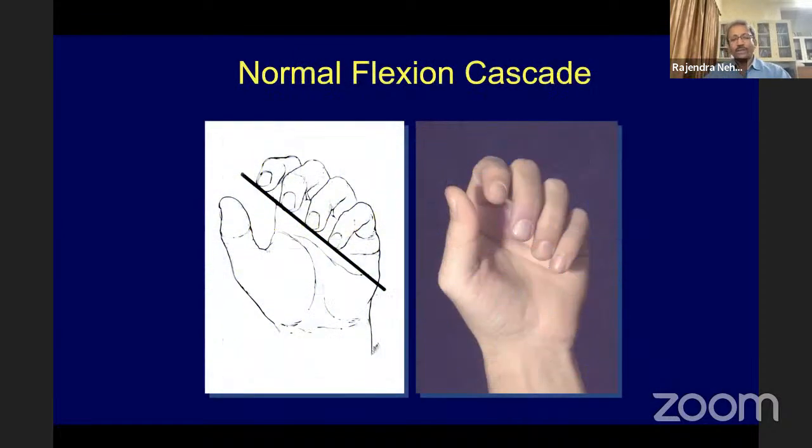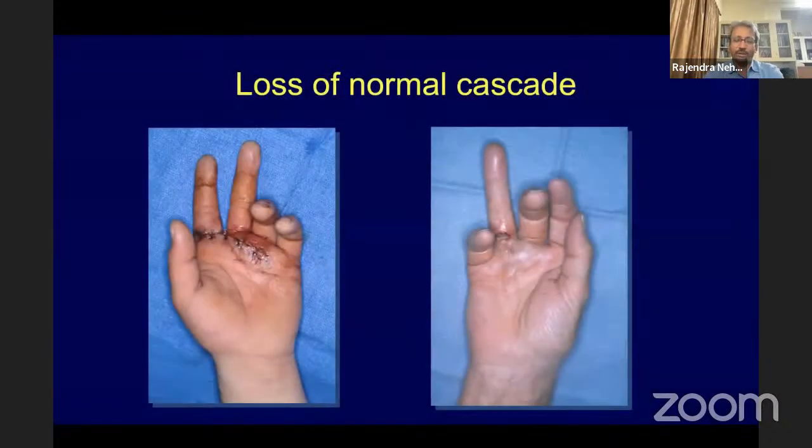While dealing with flexor tendons, it is important that when you examine the patient, you look for the normal cascade of the fingertips. They should lie in one line. Most of the time, I observe the index finger is a little outward from this cascade. But when you see a flexor tendon injury, it looks like this.